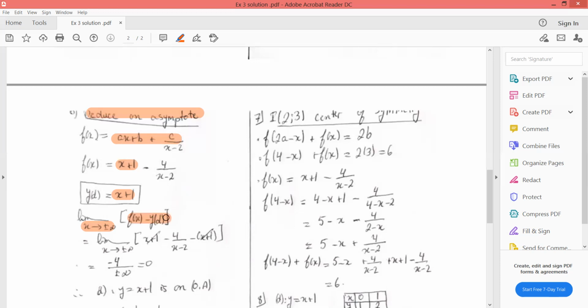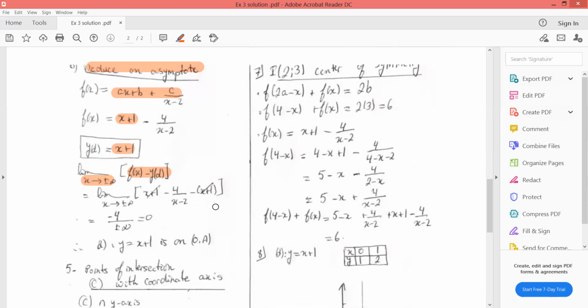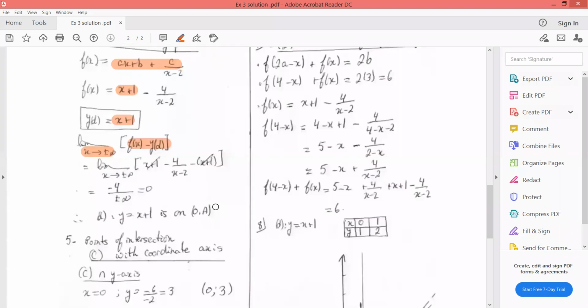To prove an oblique asymptote, we have to prove the limit of f of x minus yd as x tends to plus or minus infinity equals 0.